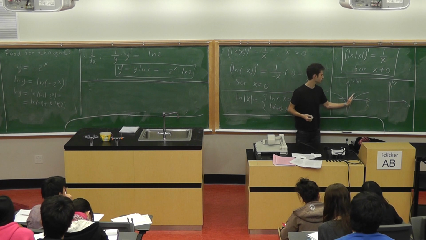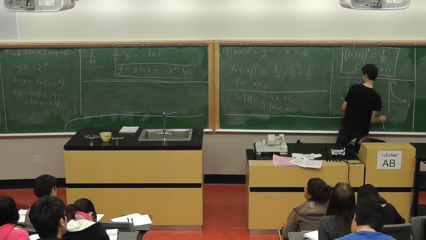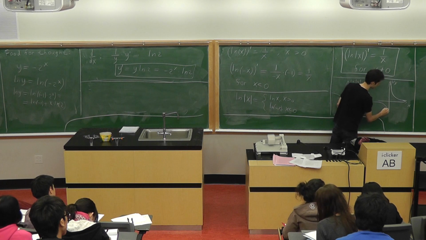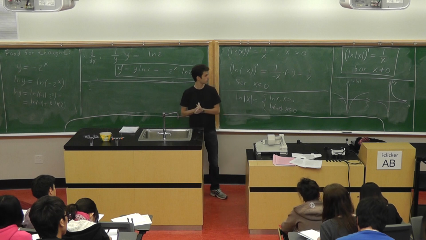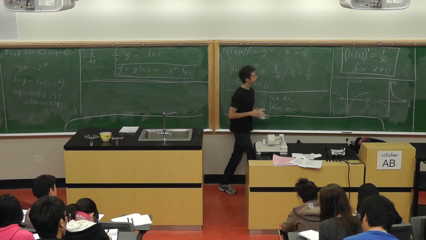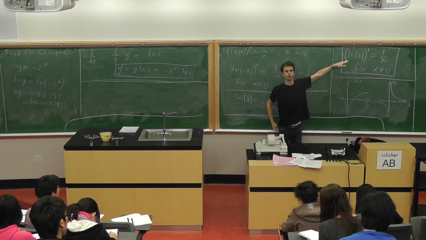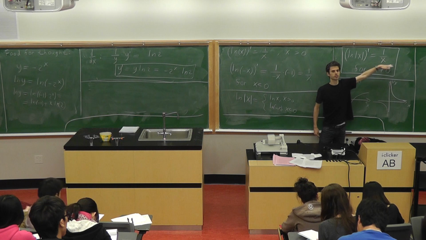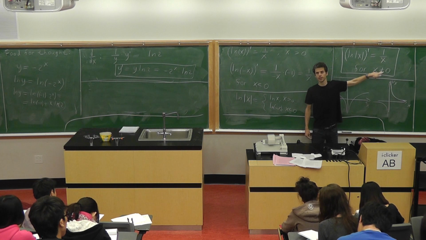Here it is obviously positive and decreasing. It looks like this. Here it is negative and still decreasing. And it looks like this. So it's a good thing to remember such a property: ln of absolute value of x has the derivative 1 over x, just like ln of x, but now it's valid for any x.